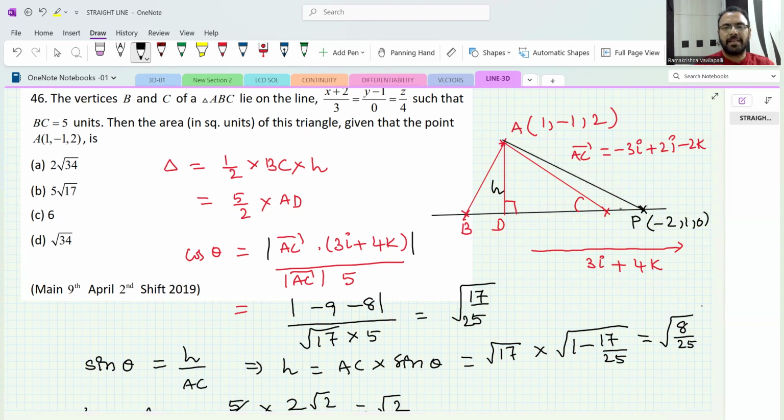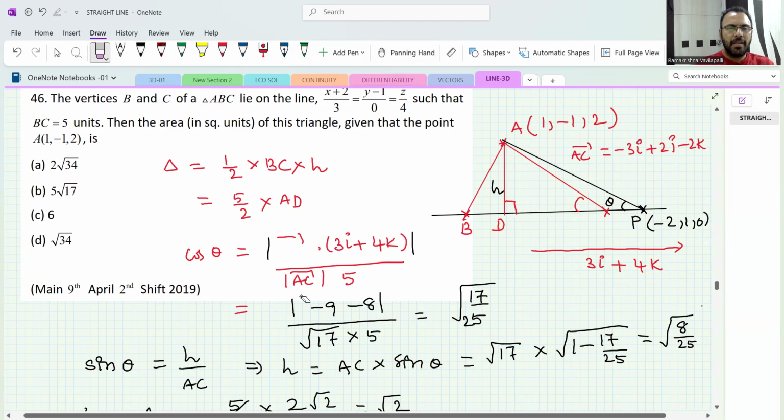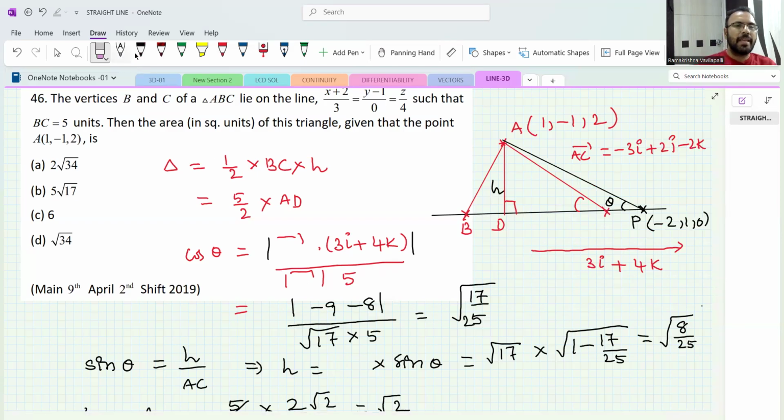This angle is theta. So instead of that, I'll write that this is the PA bar vector. Everything is the same. I'm just changing that letter. Okay, PA bar vector.